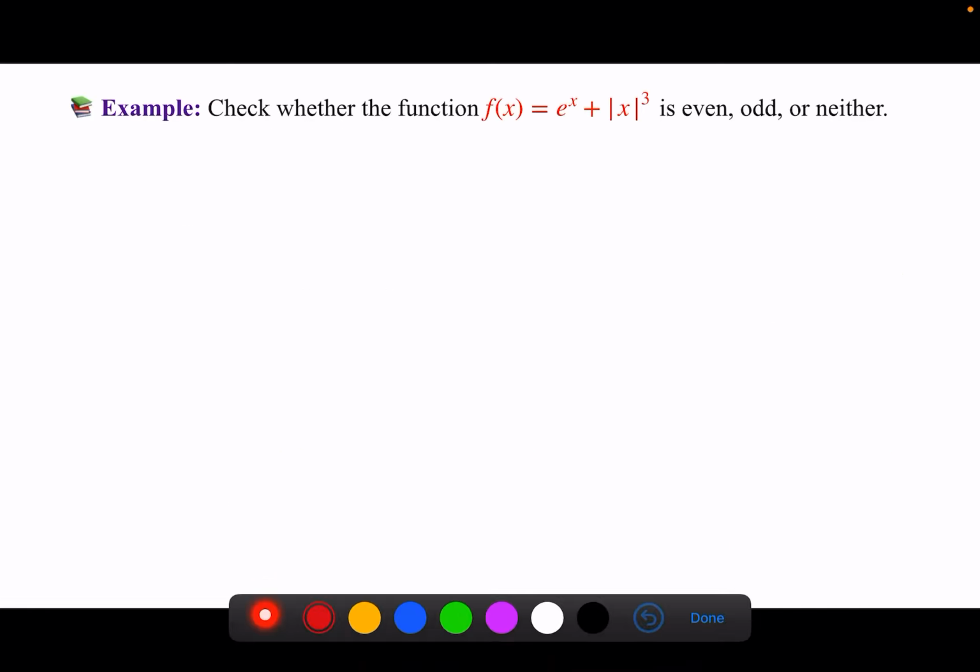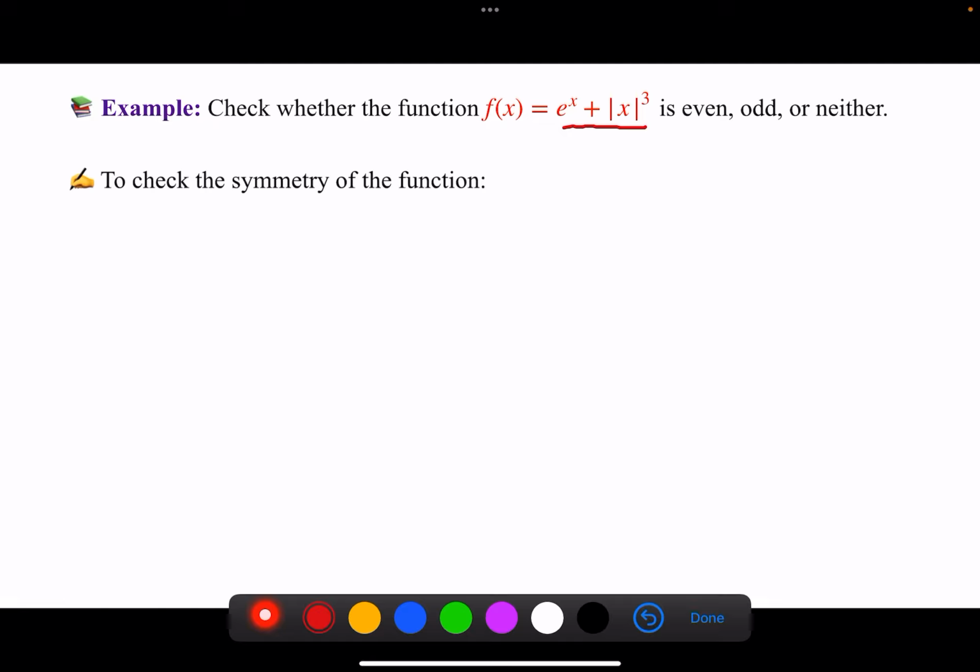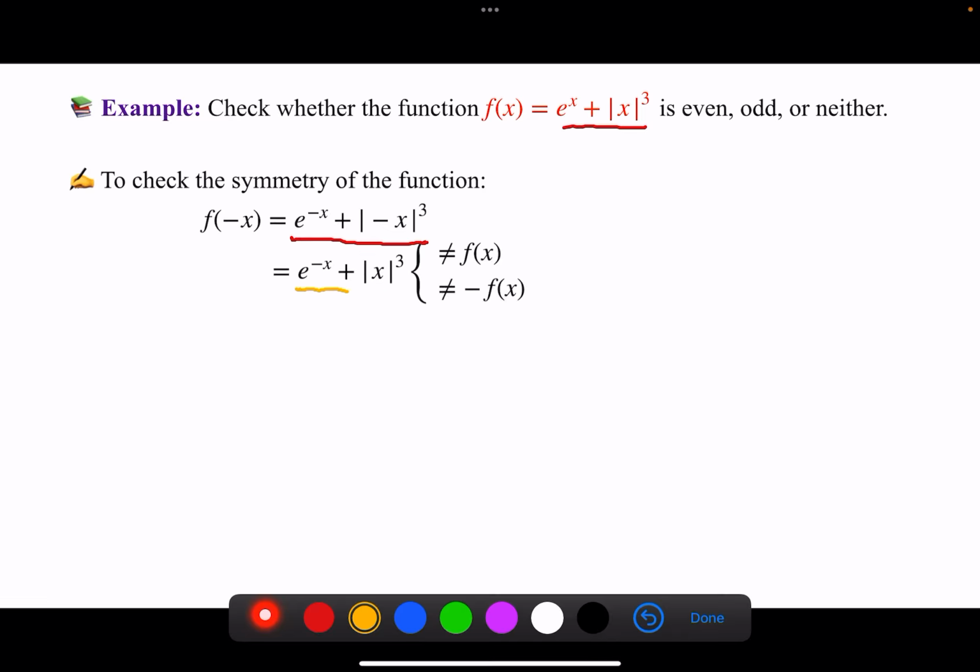The function is e raised to the power x plus modulus x cube. To check the symmetry of the function, we replace x by minus x and obtain e raised to the power minus x plus mod of minus x cube. As we know, mod of minus x equals mod of x, so it is e raised to the power minus x plus mod x cube.